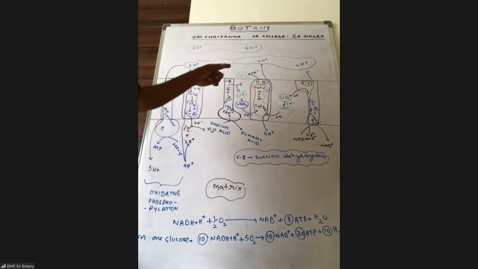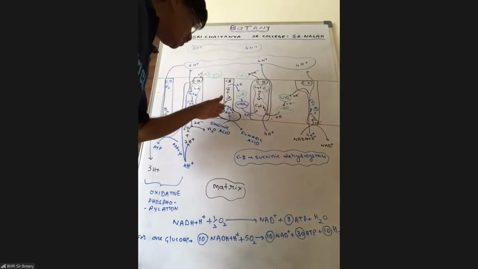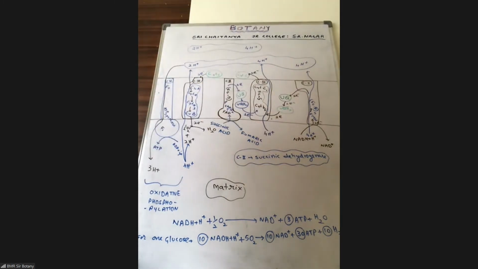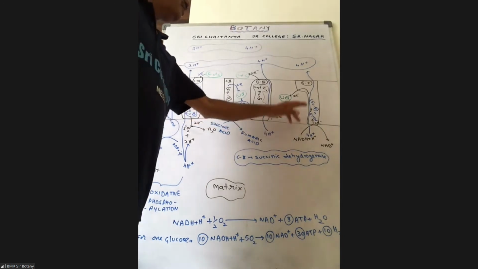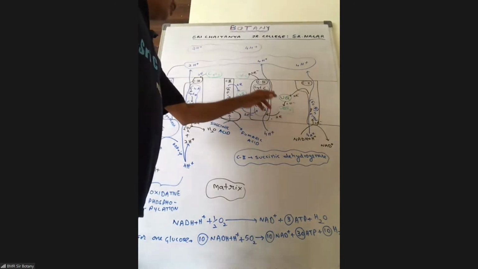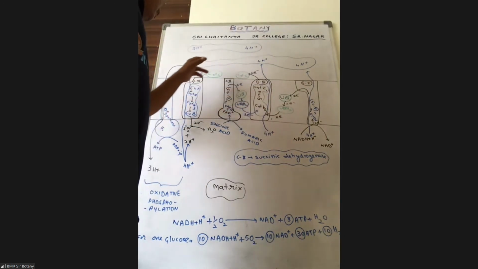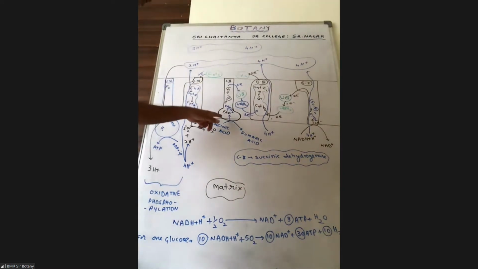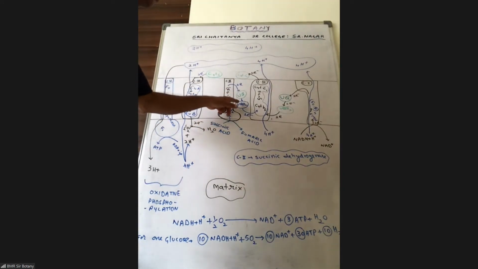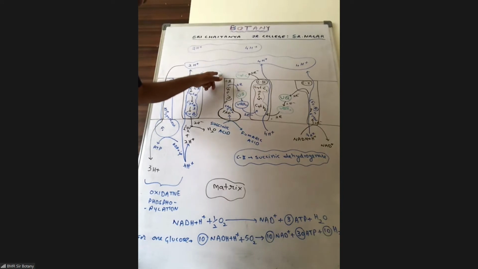If it is NADH, complex 2 has no role. For NADH, the path is complex 1, ubiquinone, complex 3, cytochrome C, complex 4. If it is FADH2, complex 2, ubiquinone, complex 3, then cytochrome C, then complex 4. Better we make a point.